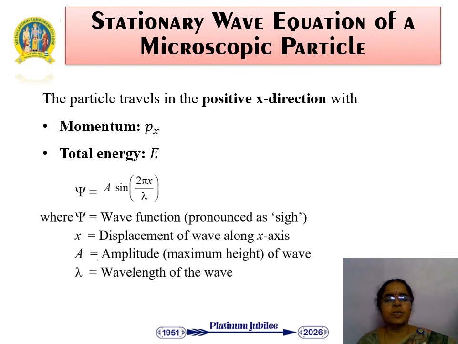It has the momentum px and total energy E. Now, the classical wave equation for this stationary wave is given by psi is equal to a sin 2 pi x by lambda, where psi is the wave function, x is the displacement of the wave along the x-axis, a is the maximum height of the wave and lambda is the wavelength.